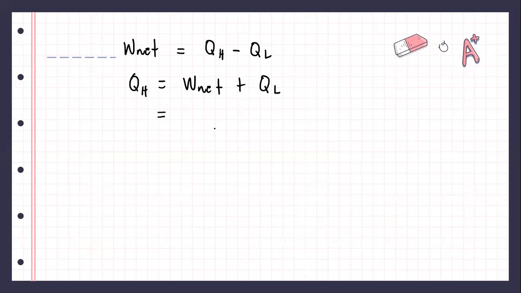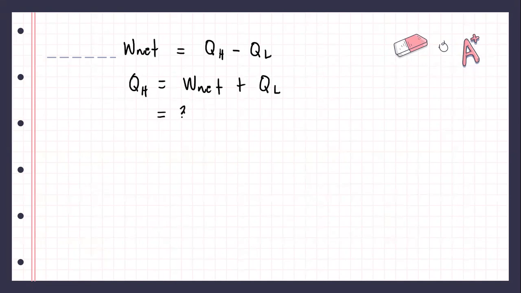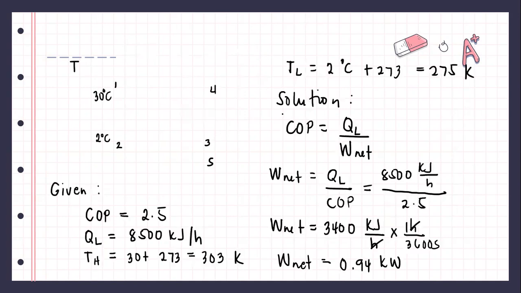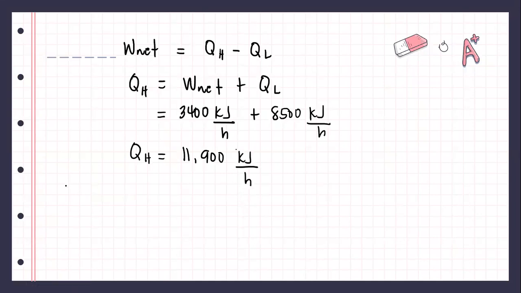W net is 3,400 kilojoule per hour plus Q_L, 8,500 kilojoule per hour, equals 11,900 kilojoule per hour.